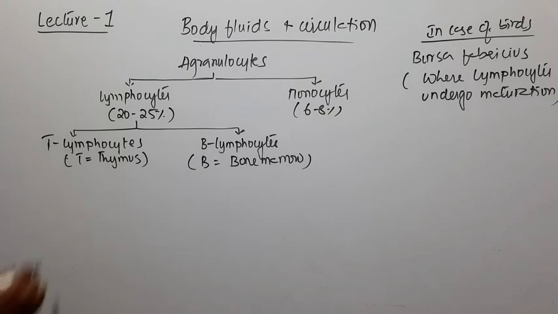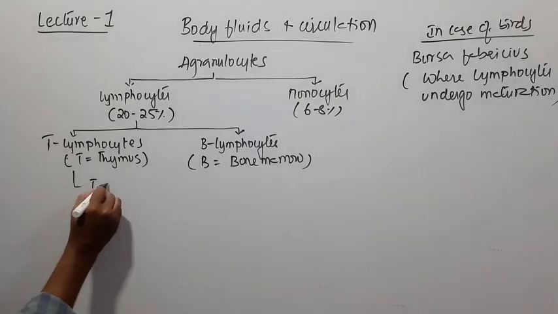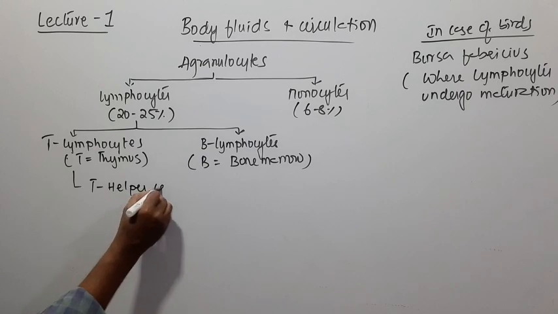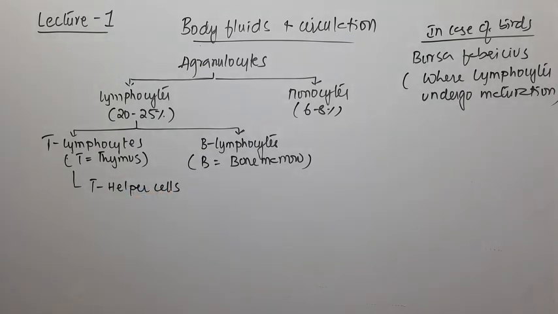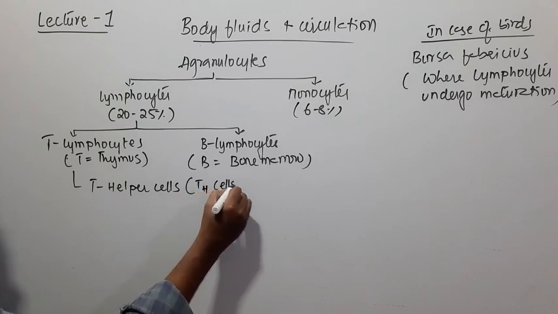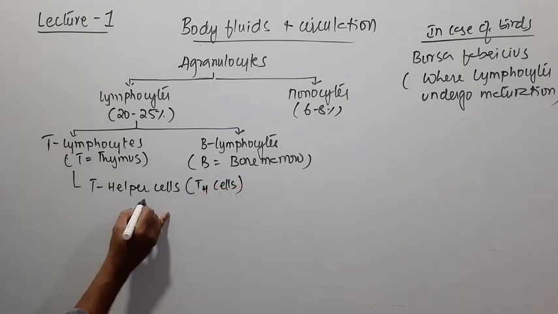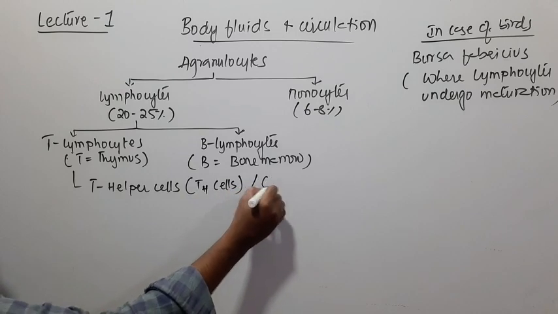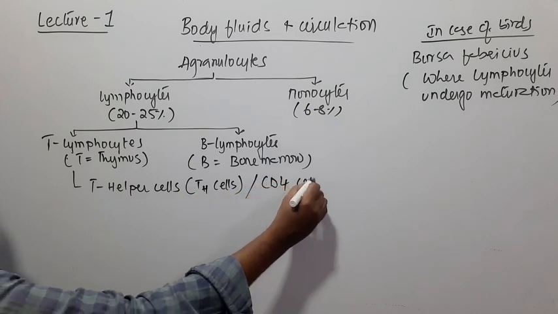Now we'll see these T lymphocytes. We have further types. We have T helper cells. These T helper cells, in short I call TH cells, are also called CD4 cells.